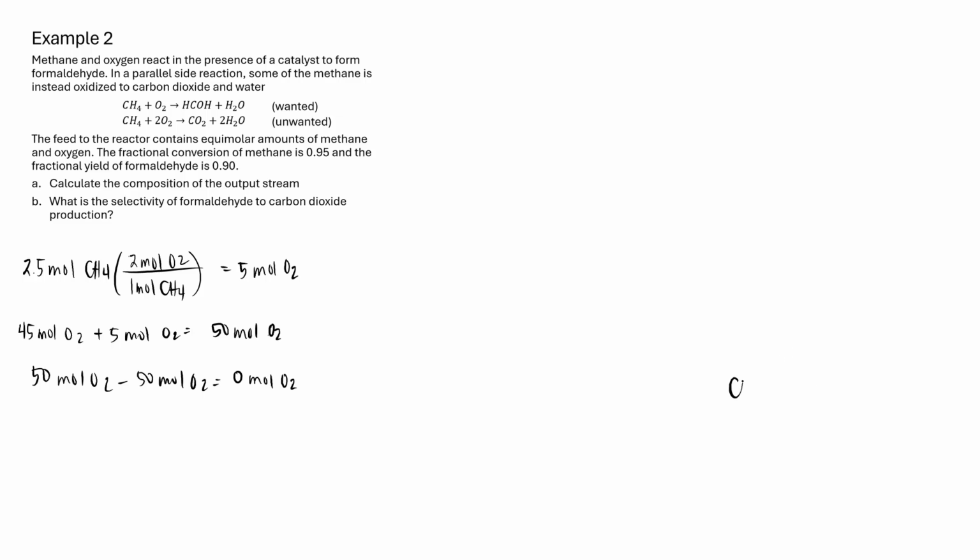So CH4, formaldehyde, CO2, O2, and H2O. So CH4, 2.5. This is 45. This is 2.5. 0. H2O. Okay, let's use the 47.5 again.